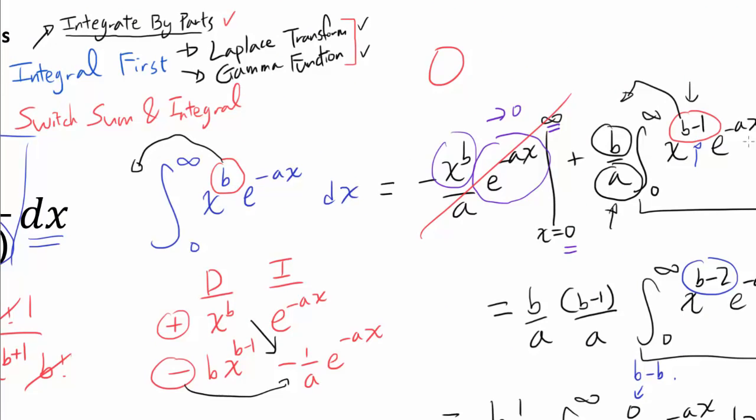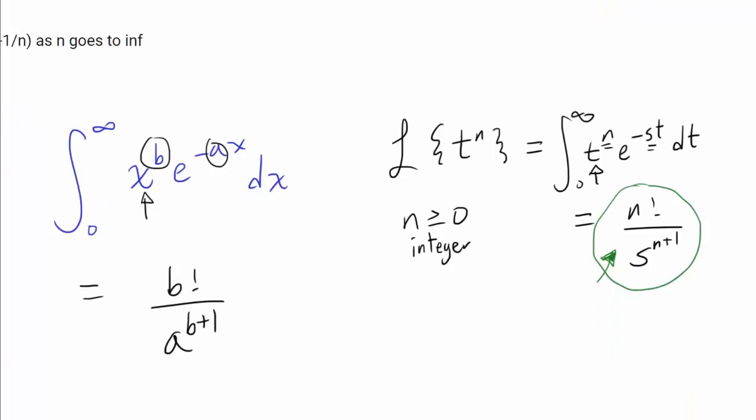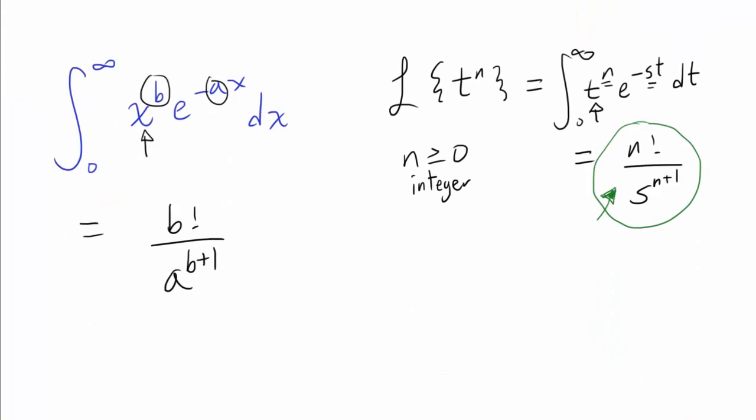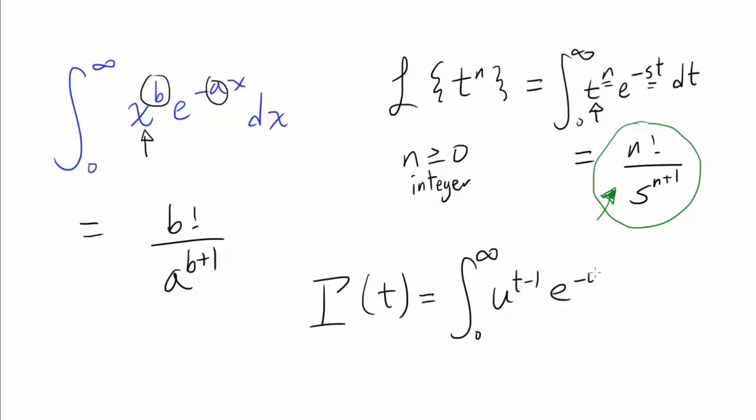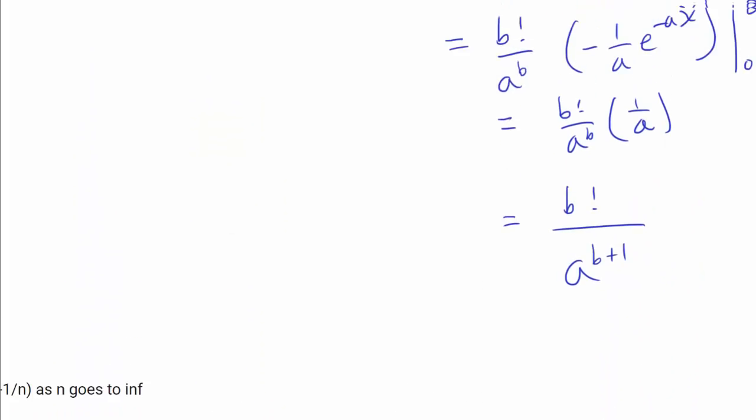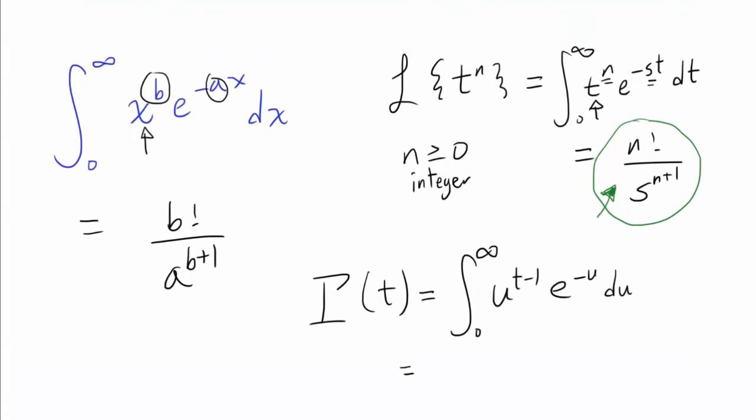And finally, using the gamma function. Let me go down once again and define the gamma function for those who've never seen it before. Gamma function of t is defined to be the integral from 0 to infinity of u to the t minus 1 times e to the negative u du, and it can be shown using the same integration by parts method that this entire thing is equal to t minus 1 factorial for t greater than or equal to 1.